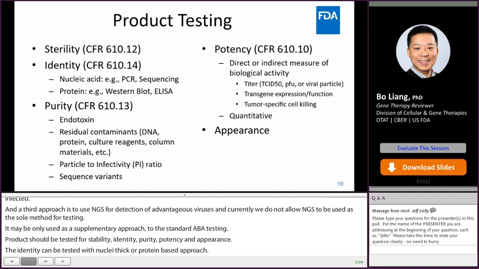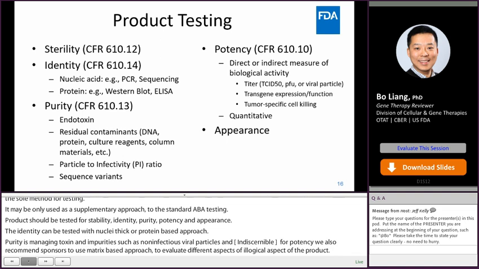For potency, we always recommend sponsors to use a matrix-based approach to evaluate different aspects of the biological activities of the product, such as the infectivity, transgene expression, tumor-specific cell killing, and the induction of pro-inflammatory cytokines.